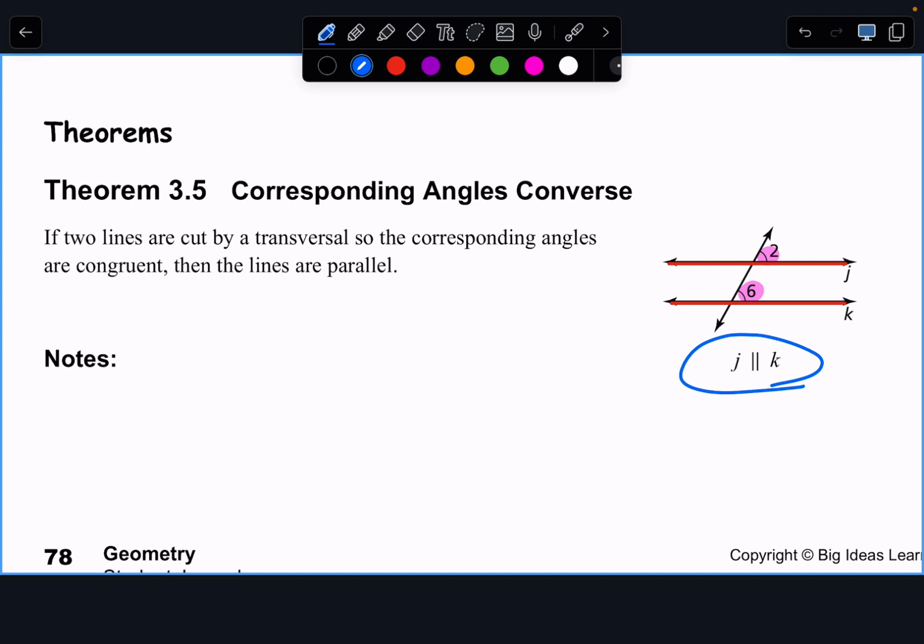So if our corresponding angles are congruent, then our lines are parallel. Okay, so we're just going the other way.